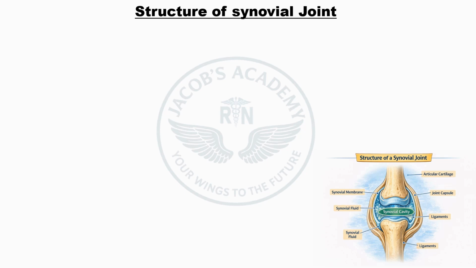First we can see the articular cartilage. Articular cartilage covers the ends of the bones. This smooth, slippery cartilage reduces friction and absorbs shock during movements.